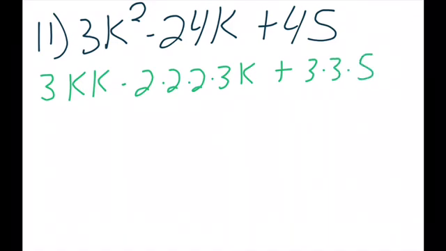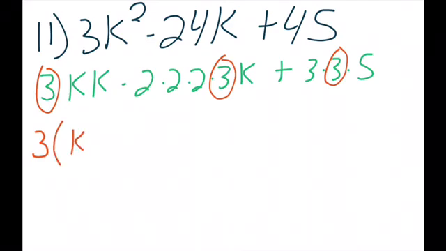And I can see they each have a 3. So my 3 is my GCF, so I'm left with k squared minus 8k plus 15.